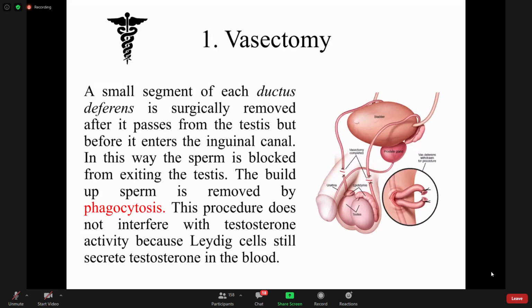Now, the buildup of sperm in the vas deferens is removed by the process of phagocytosis. Because I had this question in the past, there is also the potential to reverse this procedure again through surgery. So this could be reattached, let's say.